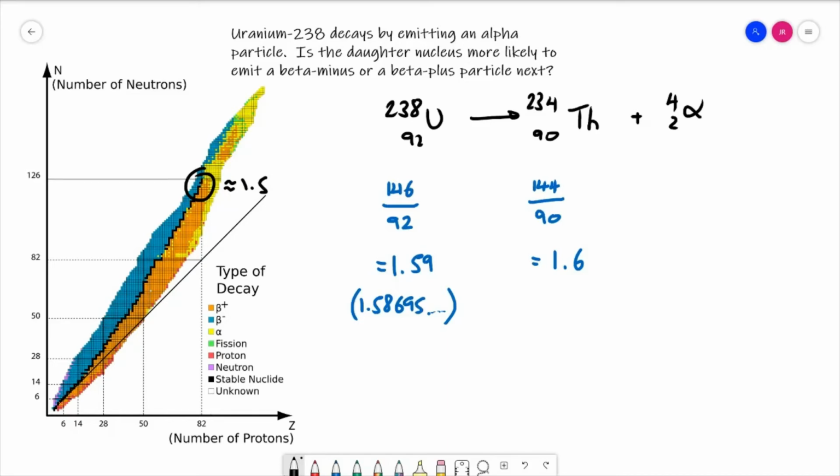It has too many neutrons, or more than enough neutrons, for the number of protons that are in it. It will therefore be more likely that a neutron will decay into a proton. Obviously at that point we can then make sure that everything's conserved and say that it will be an electron, or we could also write that it's a beta minus particle that is more likely therefore to be emitted.